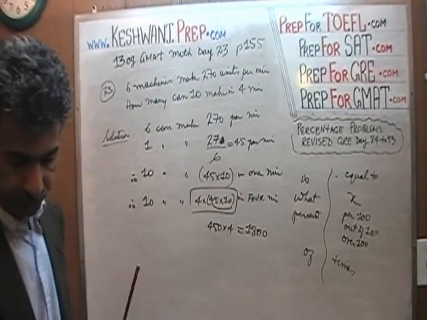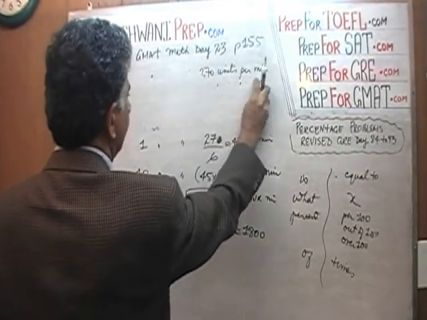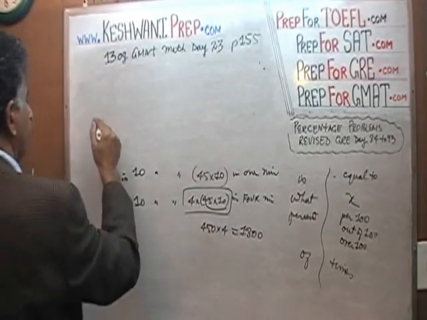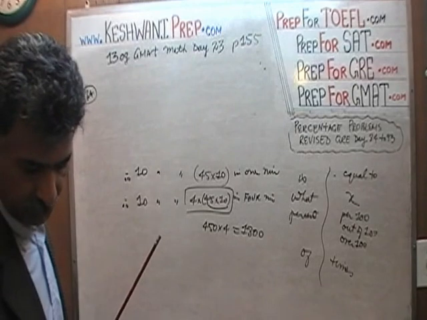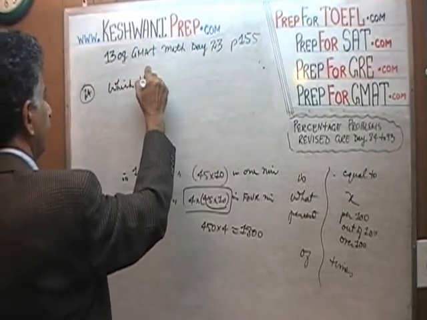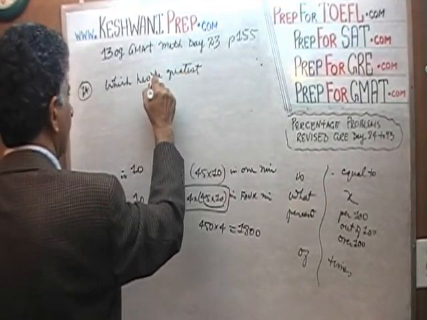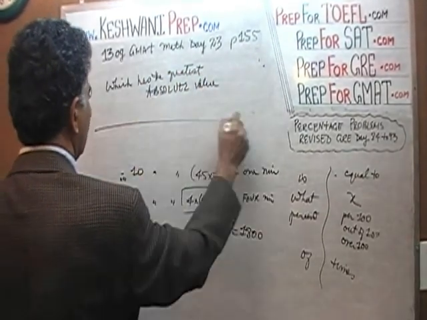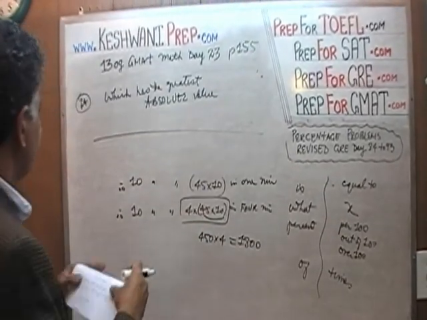Let's do one more. Next one, number 24. Which has the greatest absolute value? They give us a whole bunch of numbers on a number line, which looks something like this.